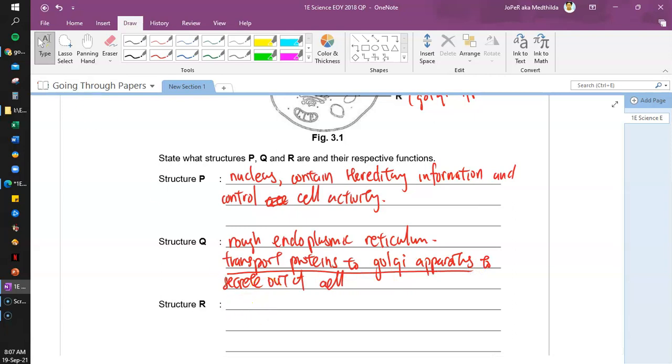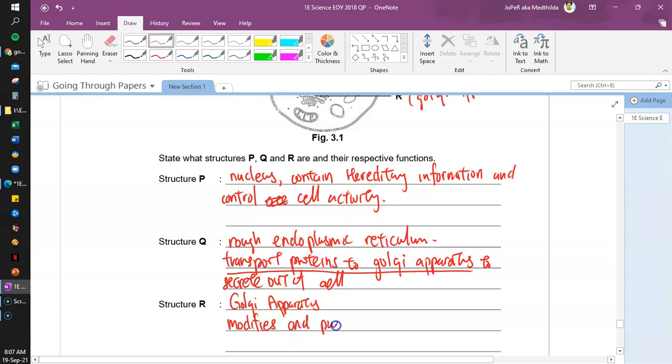Structure R, the last one, is actually the Golgi apparatus. So what does the Golgi apparatus do? The Golgi apparatus actually modifies substances and packages them. Modifies substances made by the ER.